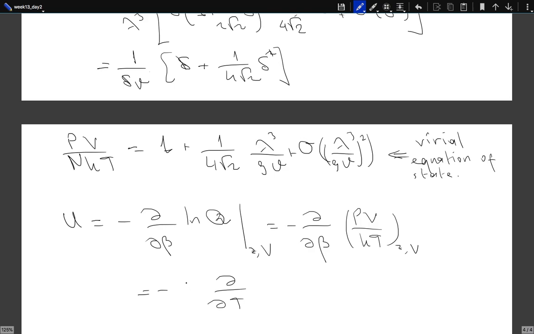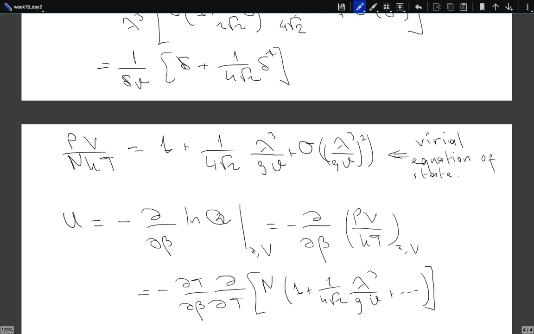Times the derivative of the temperature with respect to beta, of N times 1 plus 1/4 square root of 2 lambda cubed over GV plus etc. No, sorry, this is not the correct result.